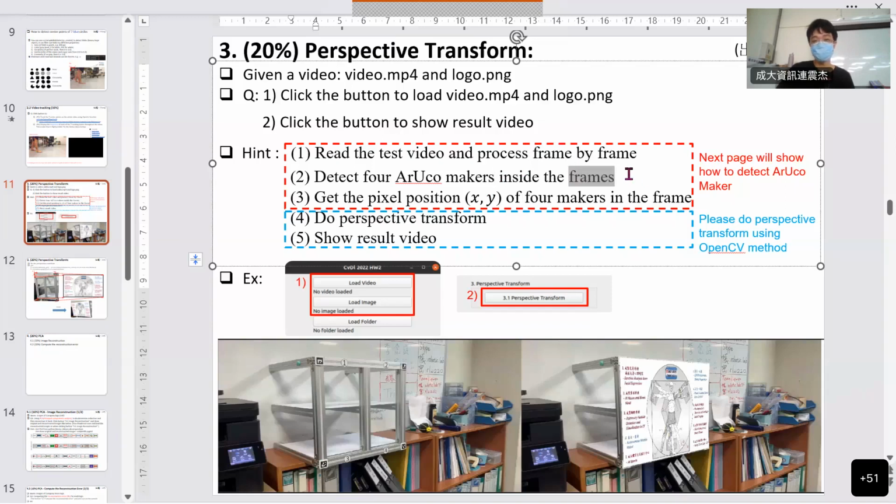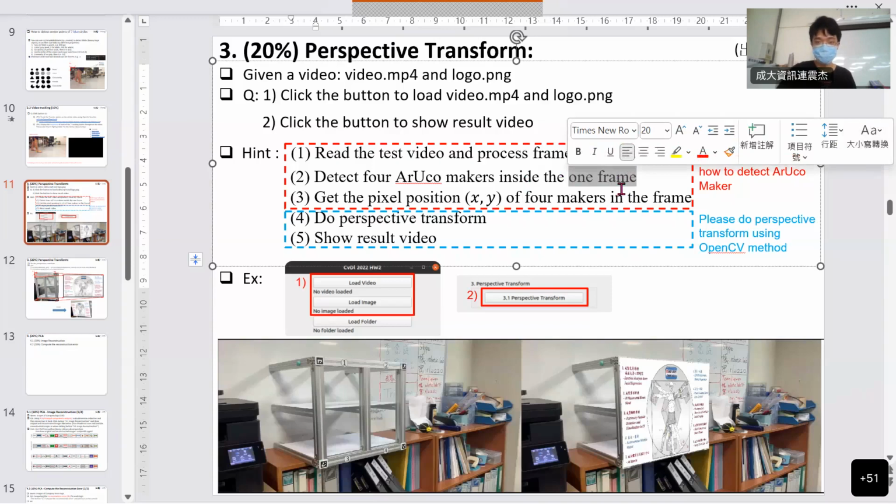Maybe this one is inside the video. The marker is not the frame. So now, for each frame, detect the ArUco code.